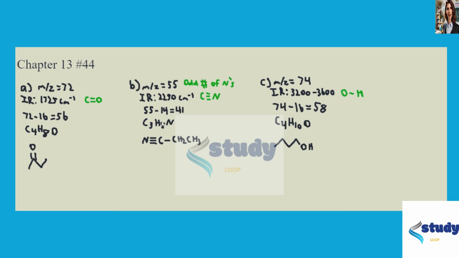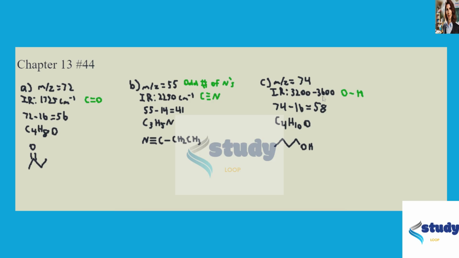So we can have 3 carbons, which will account for 36, and then fill in the gap with 5 hydrogens, and that gives us a formula of C3H5N. Again, we know that one of the carbons is triple bonded to the nitrogen here, and then we just fill in the other 2 carbons and their attendant hydrogens.